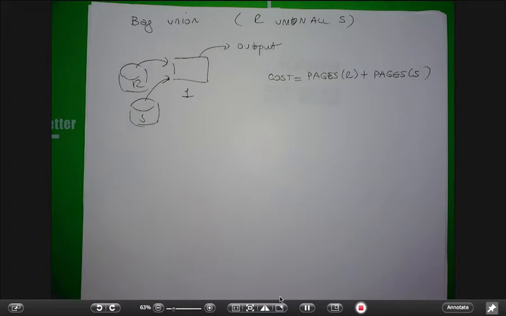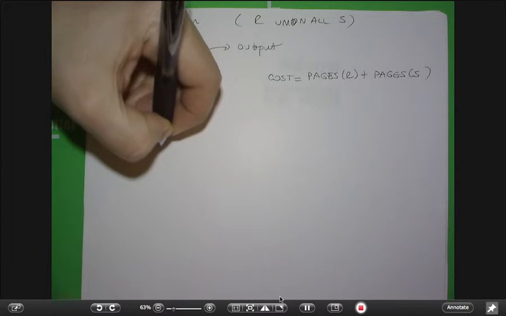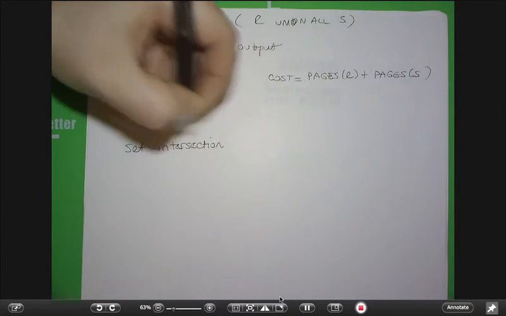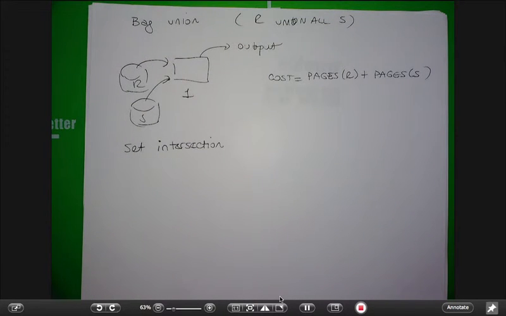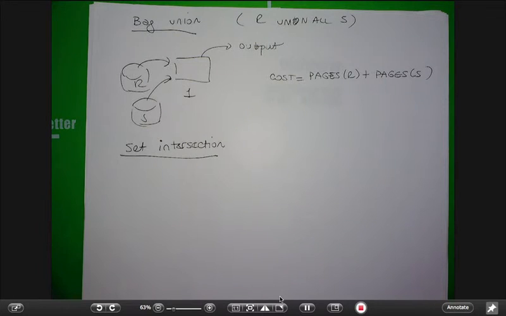Okay, so let's try a different one. Let's try set intersection. How do I do set intersection?